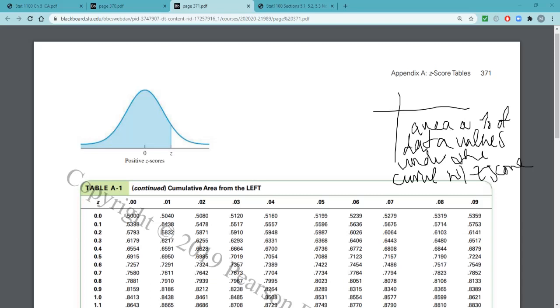So if I'm given the area, I want to find that same area in the table to find the z-score that can accompany it.